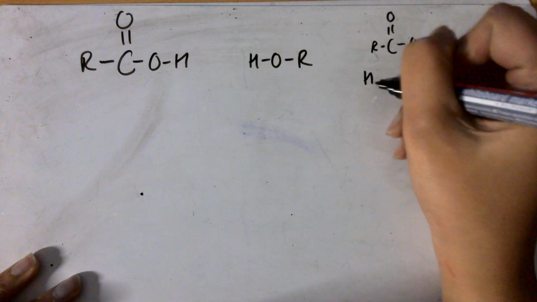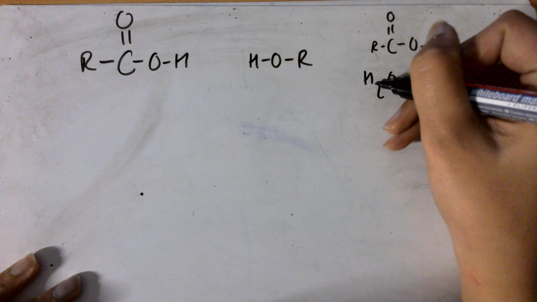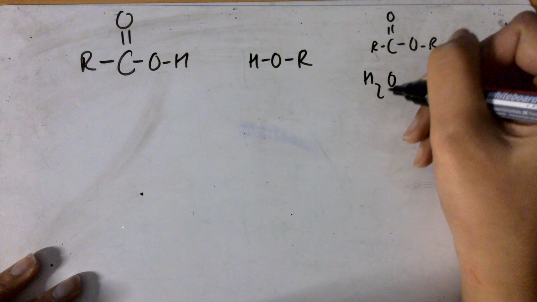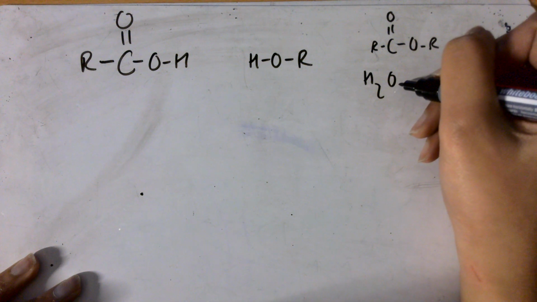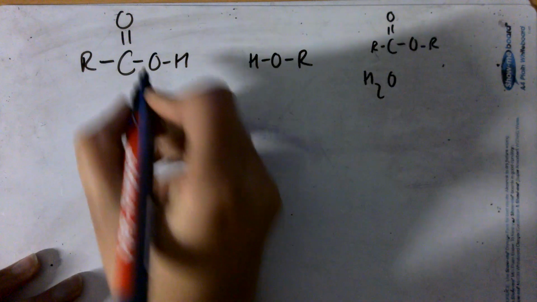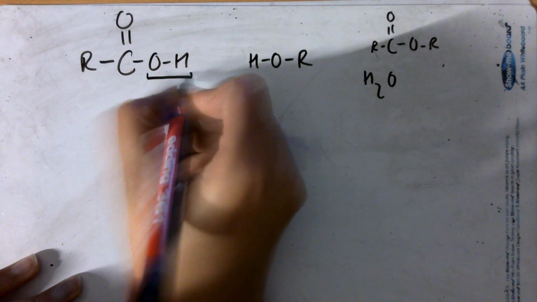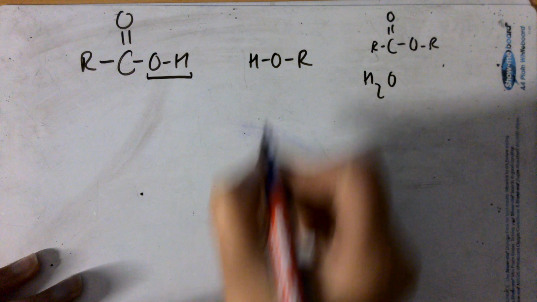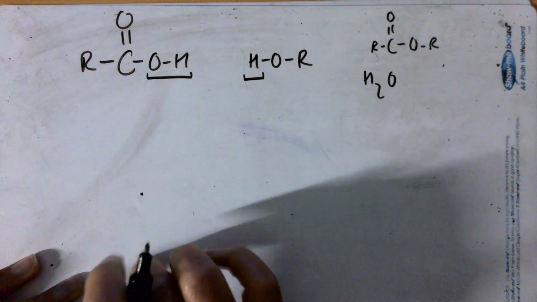If we need to make a molecule of water, that means I need to lose 2 hydrogen atoms and 1 oxygen atom. Every single time you have an esterification reaction, you will lose the OH from the carboxylic acid, and you will lose the hydrogen from the alcohol.